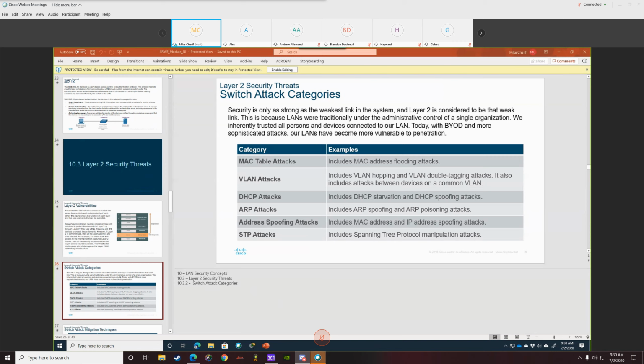The other one is DHCP attacks, where somebody brings in a false, illegitimate DHCP server and starts giving addresses to clients.